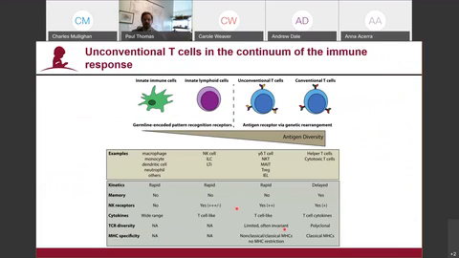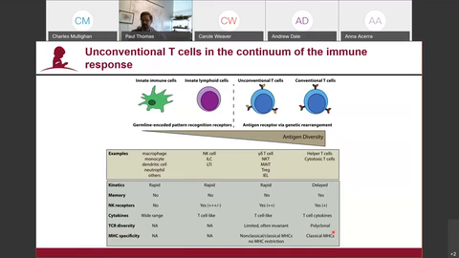And so I just want to get everybody on the same page about what we're talking about. So everything we've talked about so far in terms of immunotherapy and trying to get T cells to target the tumors are these conventional classic T cells, where you've got a T cell receptor and you're hopefully seeing a foreign antigen or a neoantigen in the context of host MHC. But a huge portion of your T cell repertoire is actually not those T cells.